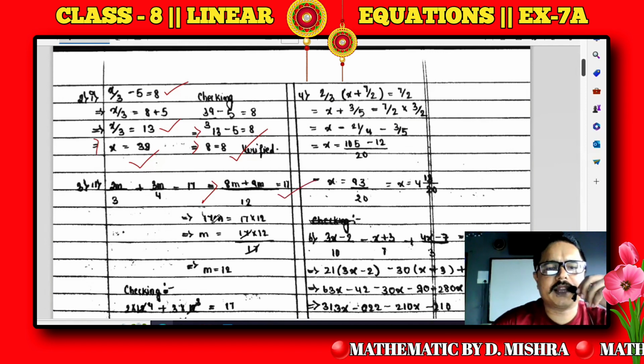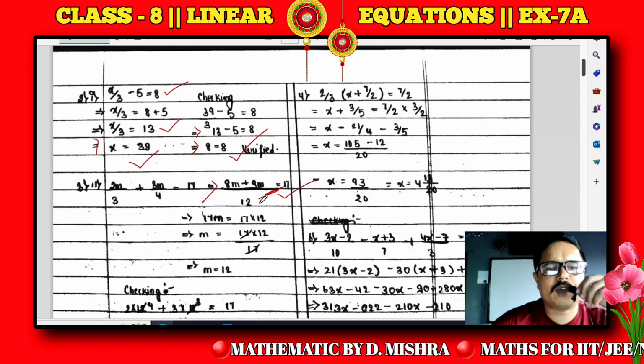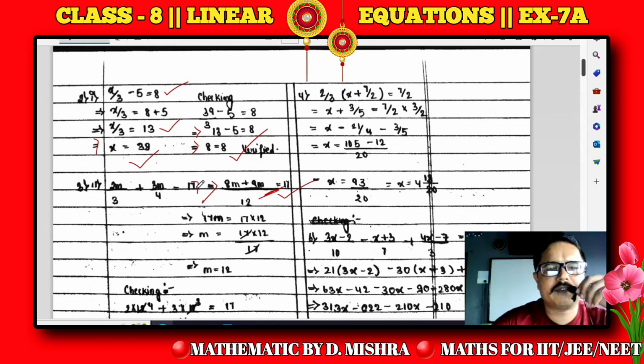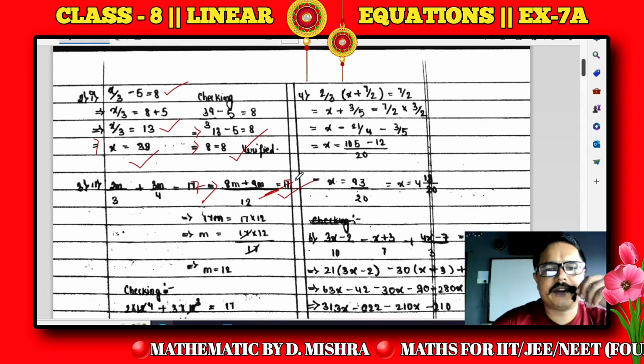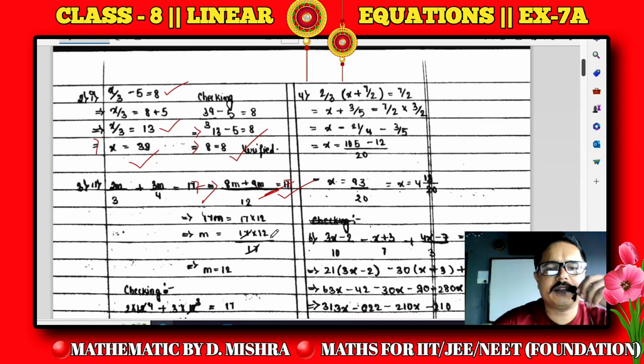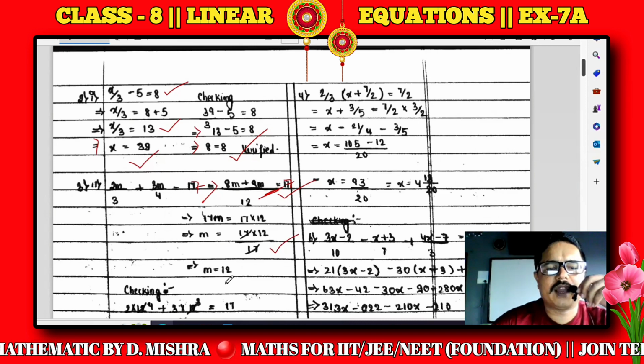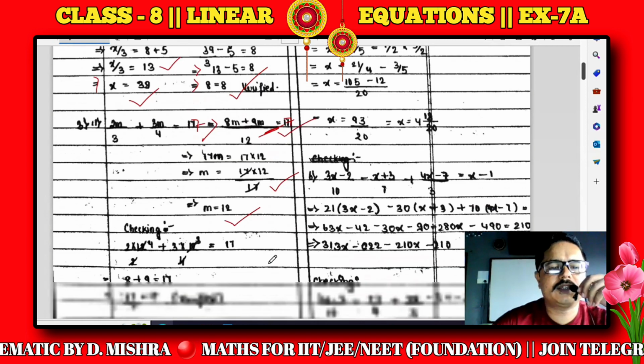Now 8m plus 9m is 17m, and we will cross multiply it with this. So 17 into 12, oh this is not 11, this one is 17, right? This is 17. Okay, so 17 into 12. Now m will be 17 multiplied by 12 upon 17, then 17 cut, so m is equal to 12. So the answer is 12.